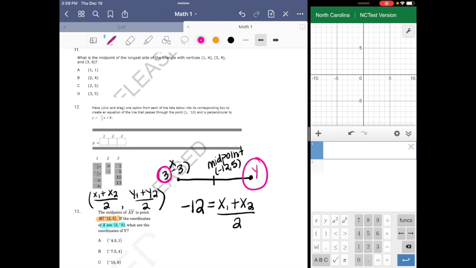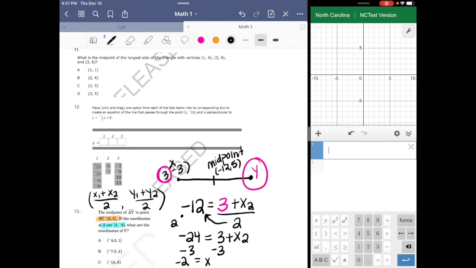Well, I already know what one of my x's is. One of my x's is 3. So I'm going to take that out, and I'm going to substitute in 3 into my problem. And I'm going to solve this. So I'm going to start by multiplying the 2 over. So we get negative 24 equals 3 plus the second x. Or you can just call it x. It doesn't really matter. Then we're going to subtract 3.